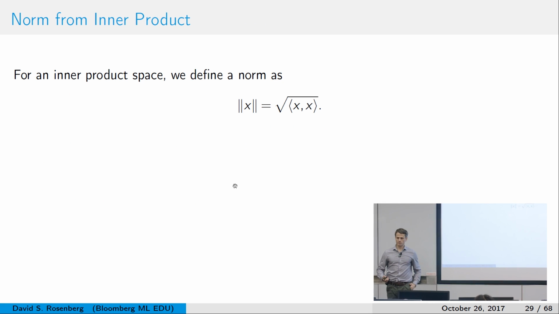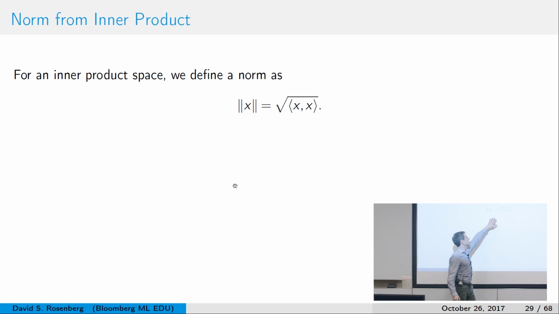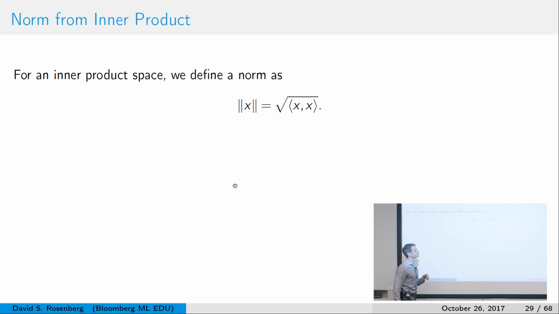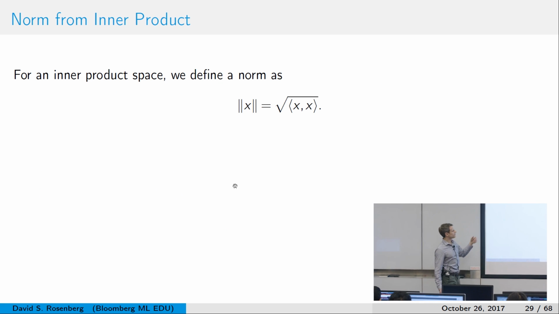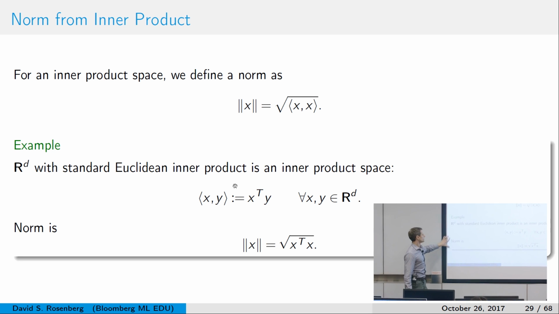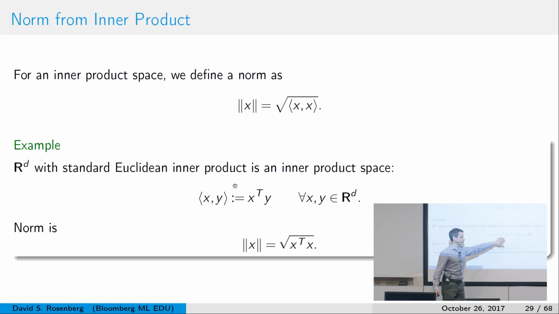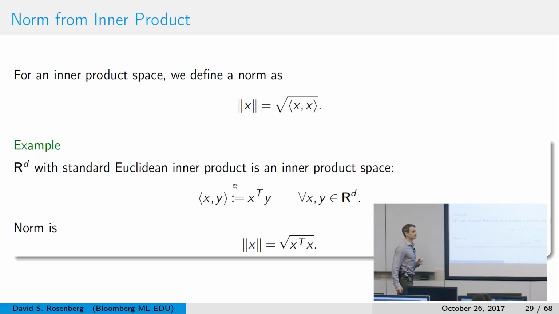For an inner product space, we can define a norm on the space. The norm tells you how big a vector is, as the square root of the inner product of the vector with itself. And because of the positive definite property, this will have the properties you expect of a norm. For example, with the standard linear inner product, the norm is the square root of x transposed x.